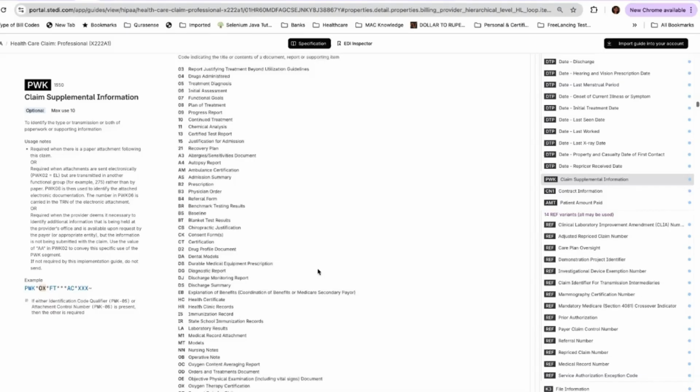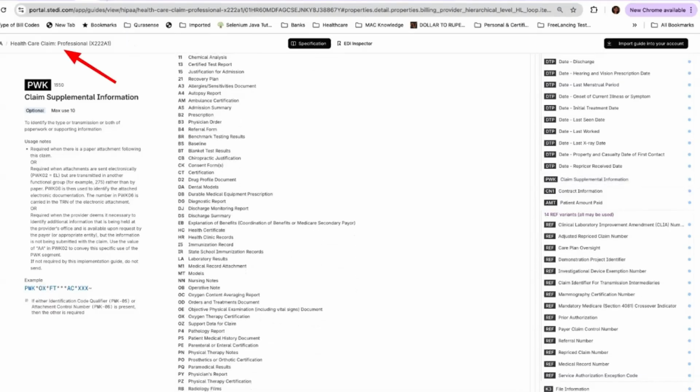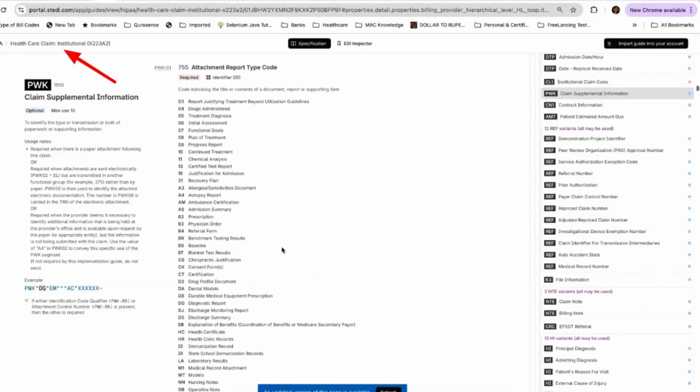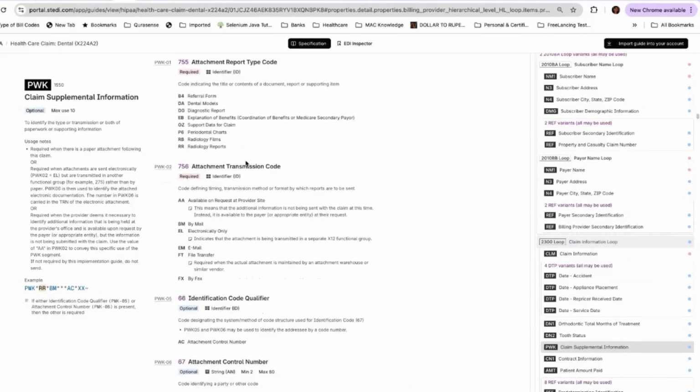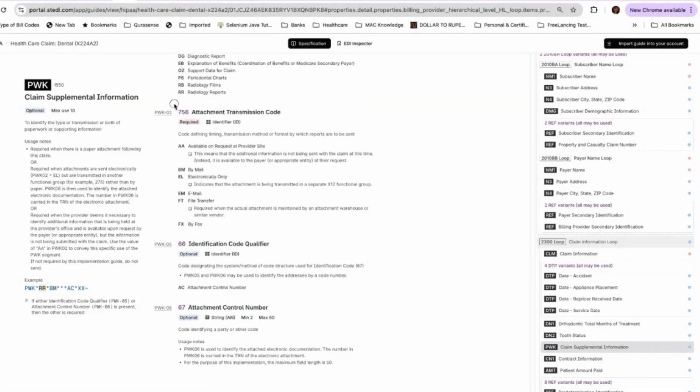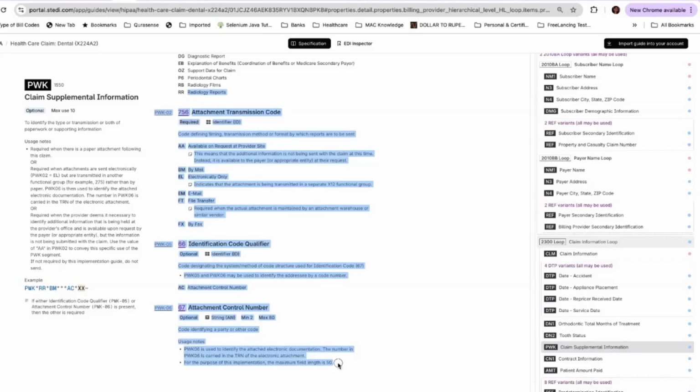Here, these are the codes for 837P, these for 837I, and these are for 837D. PWK02 is the qualifier and PWK06 has the actual attachment control ID.